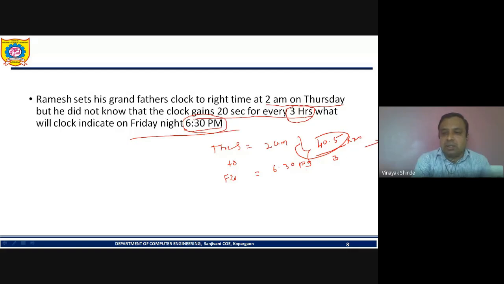So the difference is 4.5 minutes, means 4 minutes 30 seconds. So 6 hours 34 minutes and 30 seconds is the right answer.